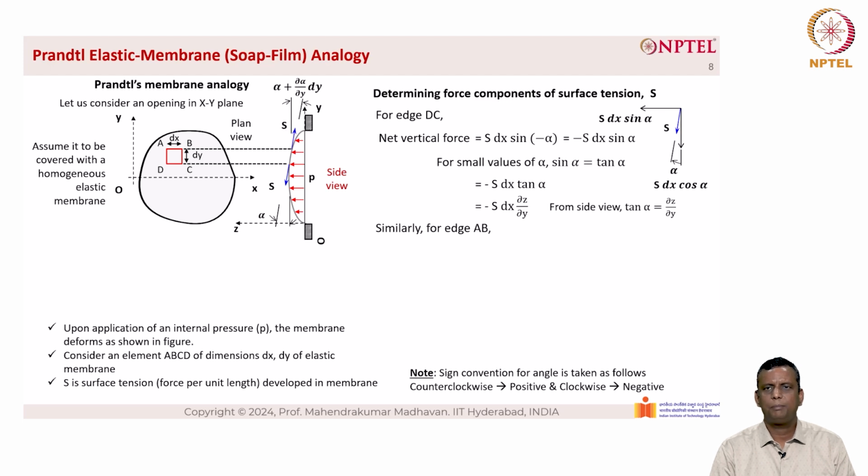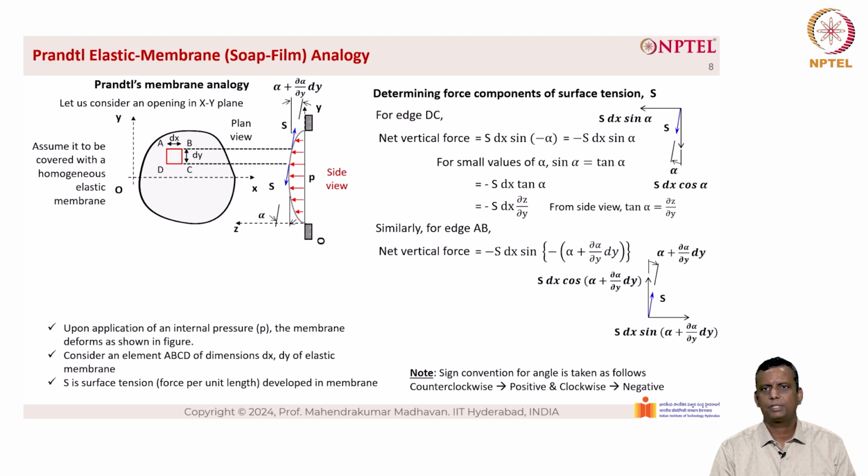Similarly, for edge AB, we have an increment in alpha. So alpha becomes alpha plus ∂alpha/∂y. So the resolution is shown on the right hand side picture here. So the net vertical force equals minus S into dx into sine of minus of alpha plus ∂alpha/∂y into dy. Here, there are two minus signs.